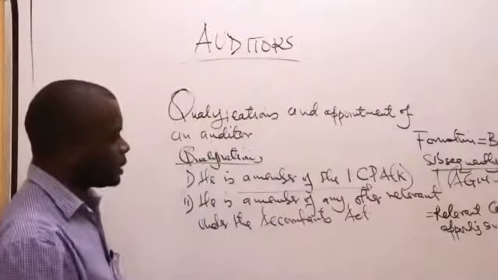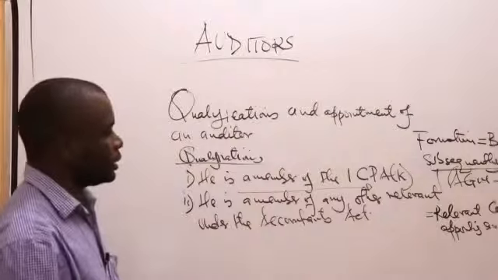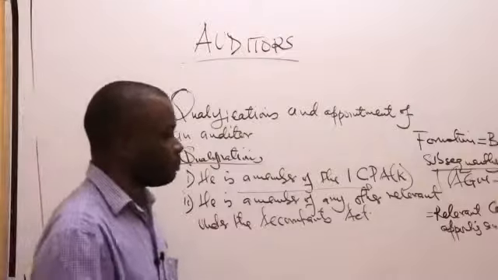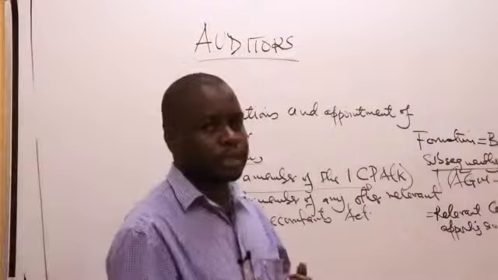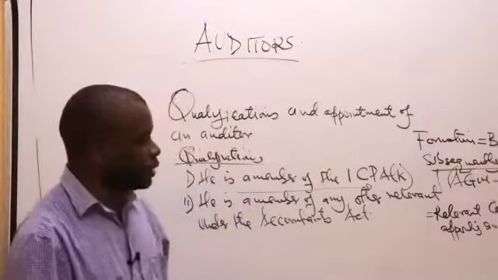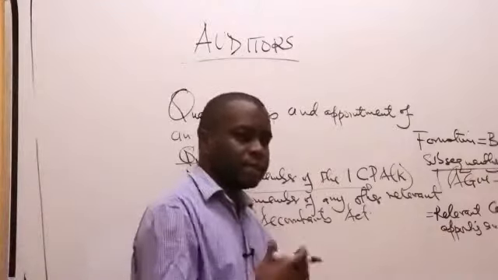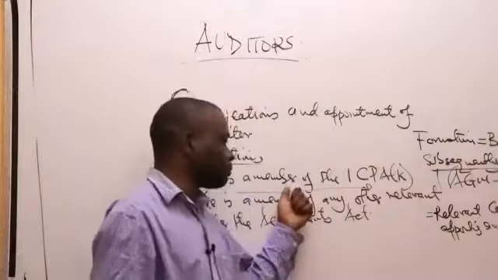Maybe he hasn't followed the professional requirements, for example integrity, honesty, independence. So ICPAK discovers that this particular auditor is carrying out his work without the required professional standards, and in such a case they could revoke his certificate of practice. This means that at the next AGM, he is not qualified because his certificate of practice has been revoked.